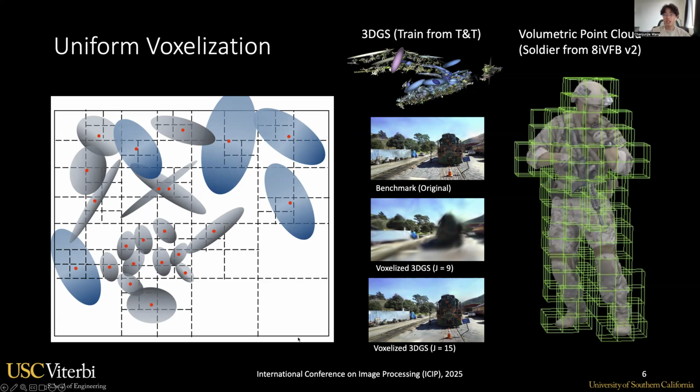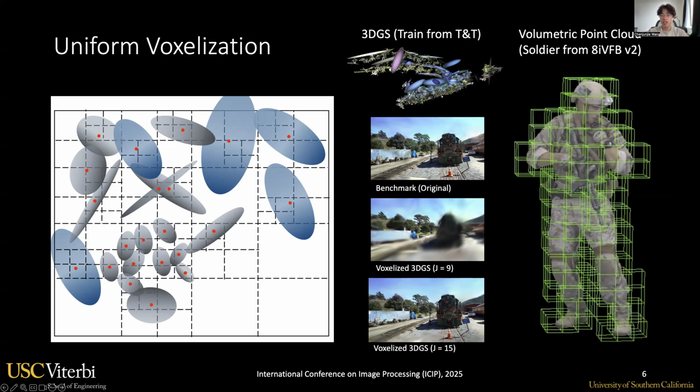In uniform voxelization, such as that used in G-PCC, all regions of space are given the same resolution determined by the maximum depth of the octree. Thus, uniform voxelization can introduce large errors by producing displacement, and also spend too much bitrate on dense regions containing unimportant small Gaussians.